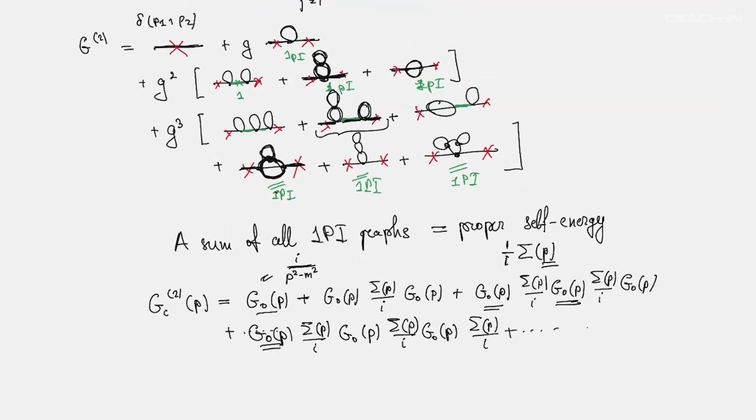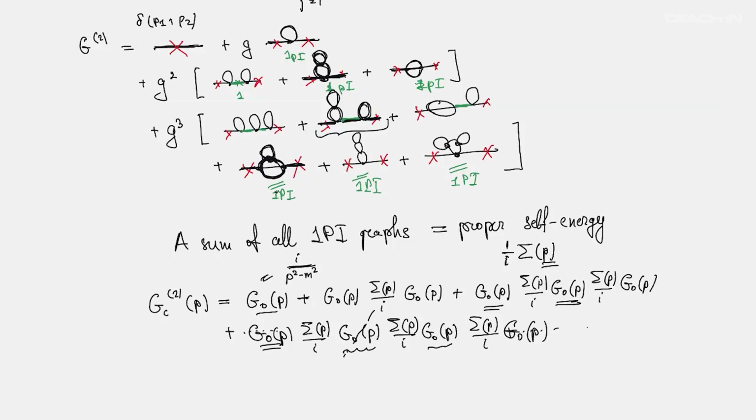And then these propagators inside, in between the sigma of P, are propagators which make my graphs not one particle irreducible. So deleting one such propagator makes this graph not one particle irreducible, right?